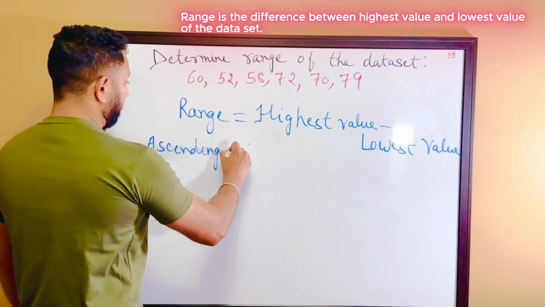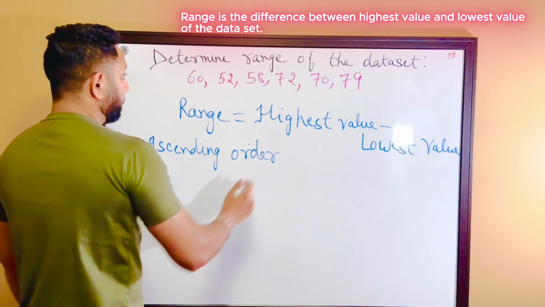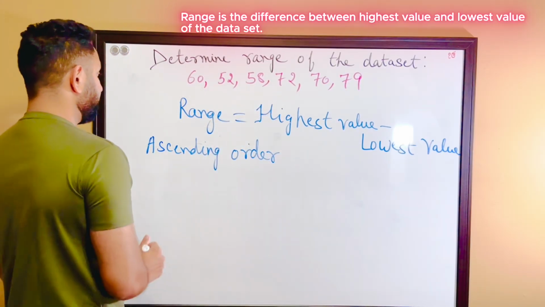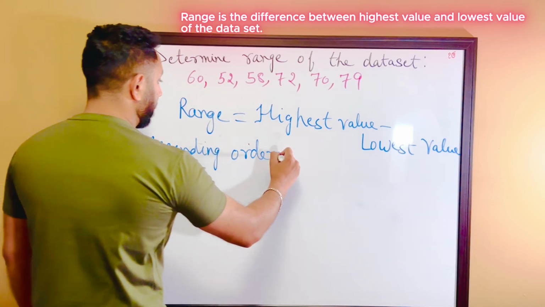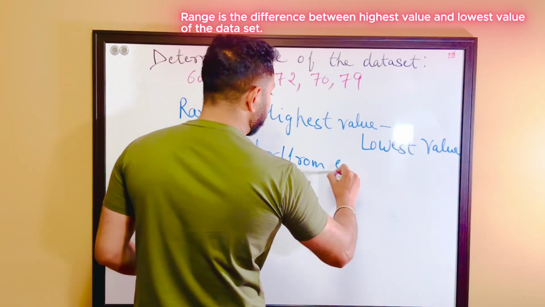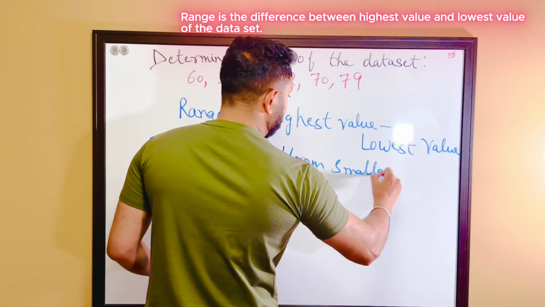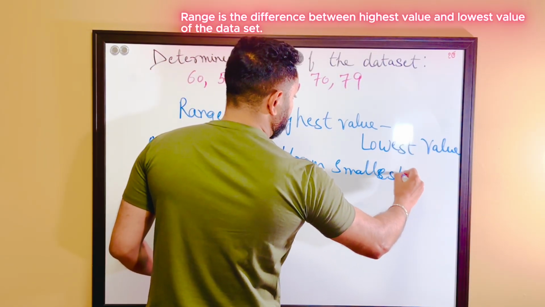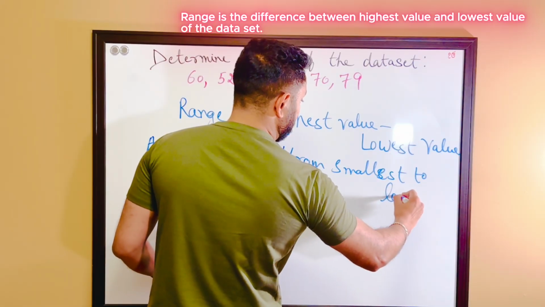This is our primary step to solve these kinds of problems. Ascending order means from smallest to largest.